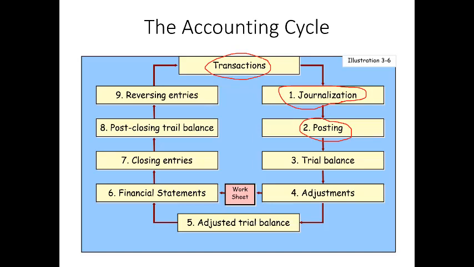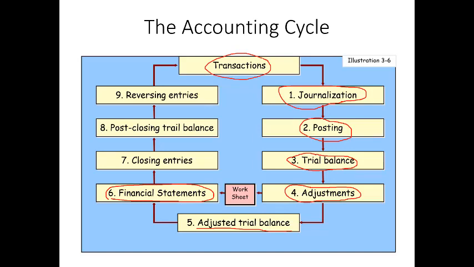Based on all of those account values, we're going to create a trial balance. We're going to adjust that trial balance for accrual accounting. We'll talk about the four types of adjustments we might make. We'll have an adjusted trial balance, and then we'll have the financial statements. And then there are these last few things, closing entries.